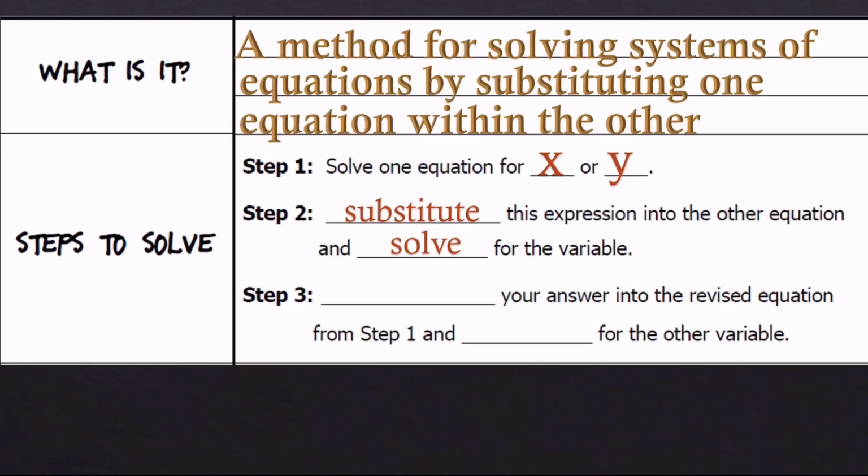What this does for you is it gives you only one variable. Once you've gotten what it equals, you then substitute your answer into the other equation and solve for the other variable. Lots of wording, I know. So pause, get this copied down, or rewind if you need to. We're going to go see what this looks like.